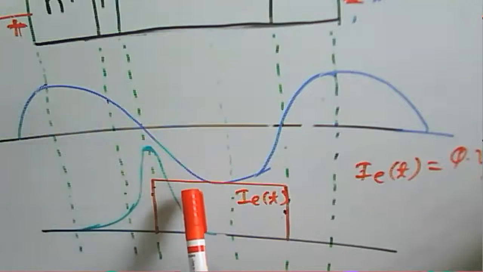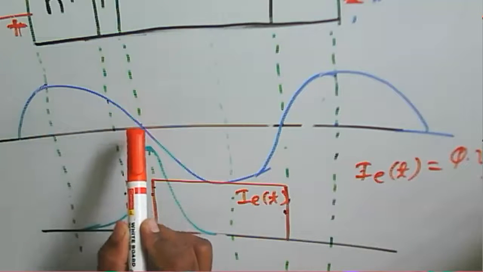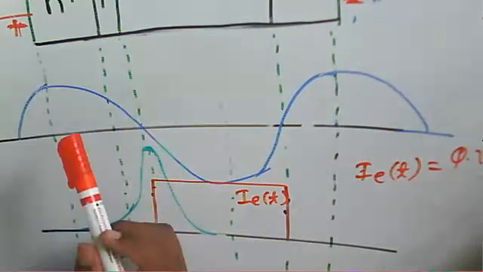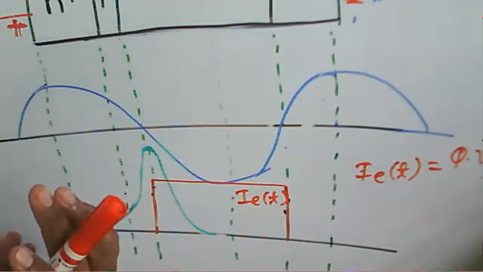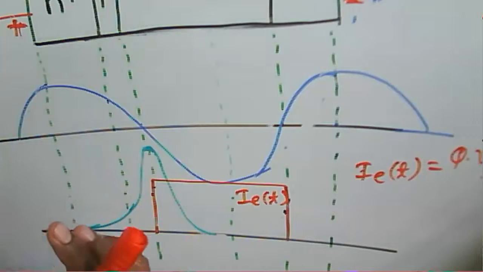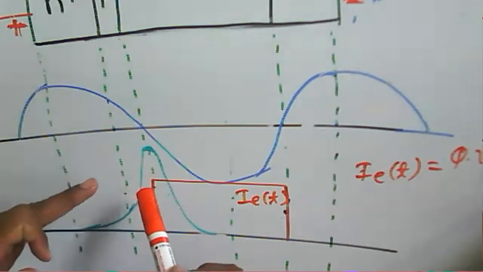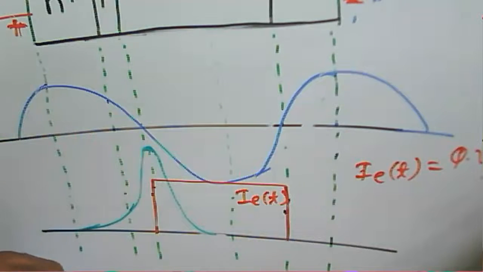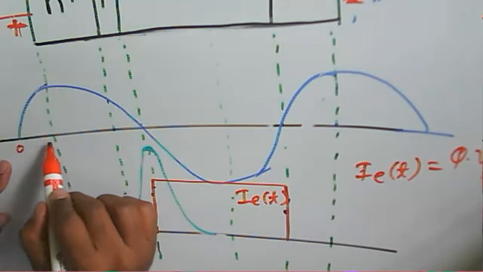So the induced current will be delayed by 90 degrees. This part is the positive half cycle, and this part is the negative. We use this notation according to the AC voltage and the DC voltage, and we say that the induced current will be delayed by 90 degrees. How is it delayed? This is the start of the pulse for the AC.